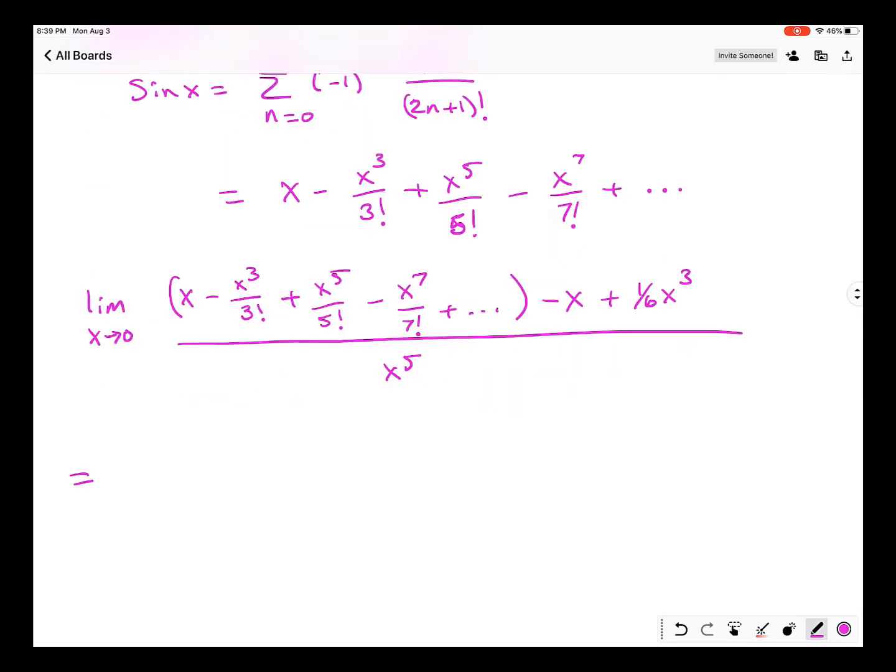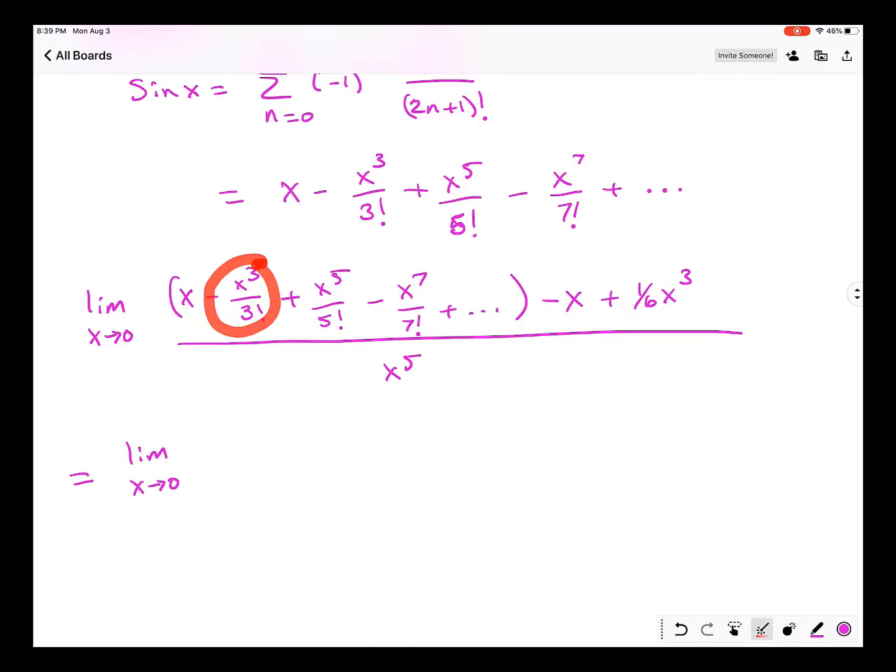So this is equal to the limit as x approaches 0. And if we notice, this x and this minus x will become 0 when I add them together. And this minus x cubed divided by 3 factorial is the same as positive x cubed divided by 6.